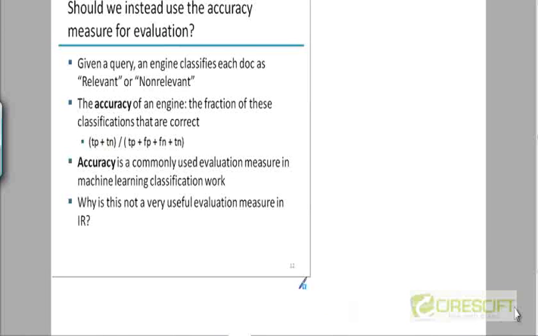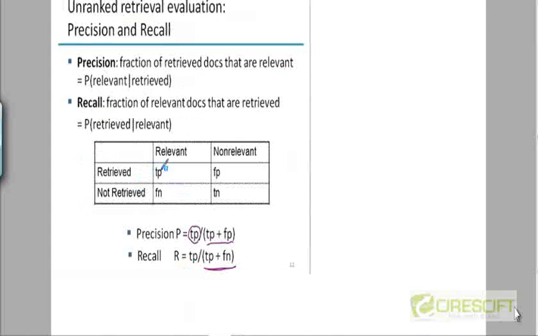Here's an alternate formula and an alternate measure for it. Think of this 2 by 2 matrix and the following observation: you want to maximize these two.